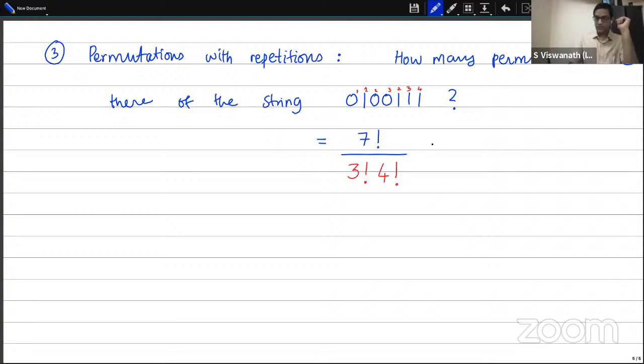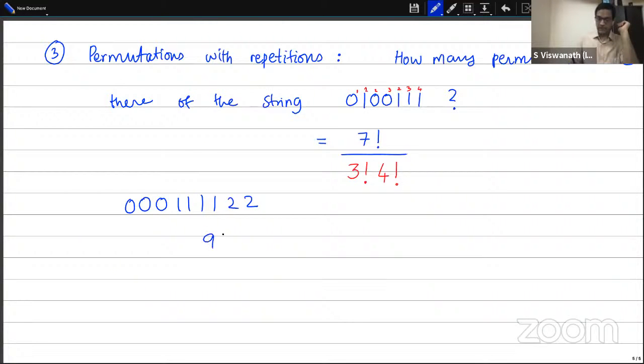And of course, this sort of thing works in greater generality. You can also do things like if I had 3 letters, for example 0, 1, and 2, and say 3 zeros, 4 ones, and 2 twos, you can use the same argument. Now I want to know how many permutations of 9 letters there are: 3 plus 4 is 7, plus 2 is 9.